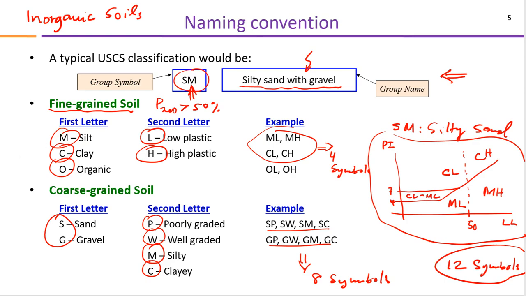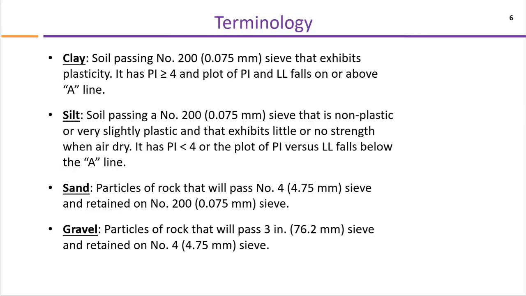Now the first thing that we have to look at is the particle size, and I have been talking about this in my previous lectures from the beginning. What is the criteria for sand, gravel, silt, clay? So for gravel, it has to pass through the 3-inch sieve, but it has to be retained on the number 4 sieve.